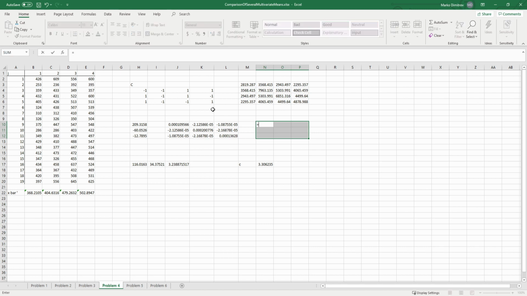So this would represent our value: E1 transpose S E1, so C1. Okay, so let's go. What we need is the contrast matrix C, then S and transposed C.